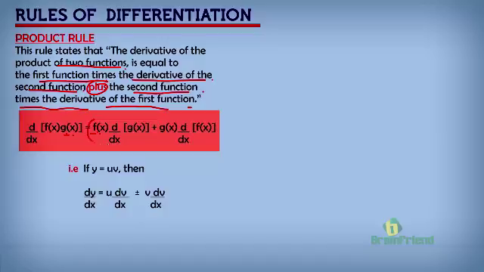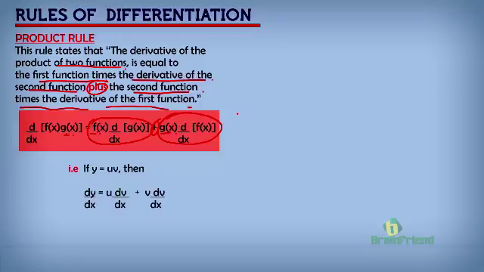So we have that on one side. Then we add it to the second function g of x times the derivative of our first function f of x. Of course, that's on the other part of our equation. So we have two parts to our equation.